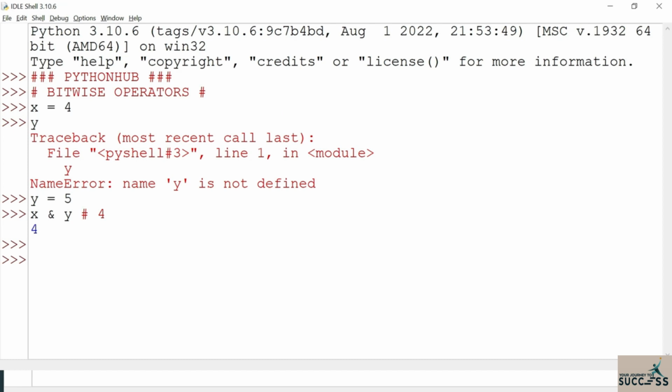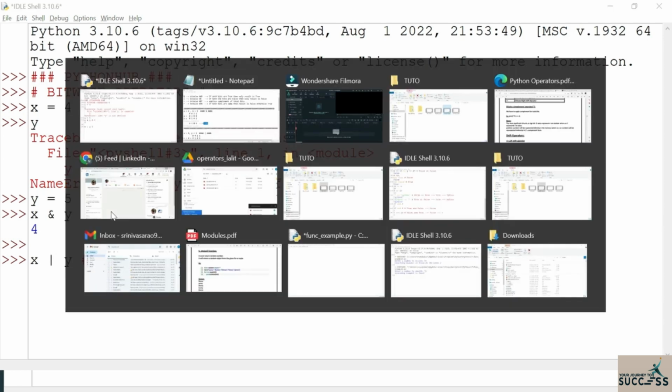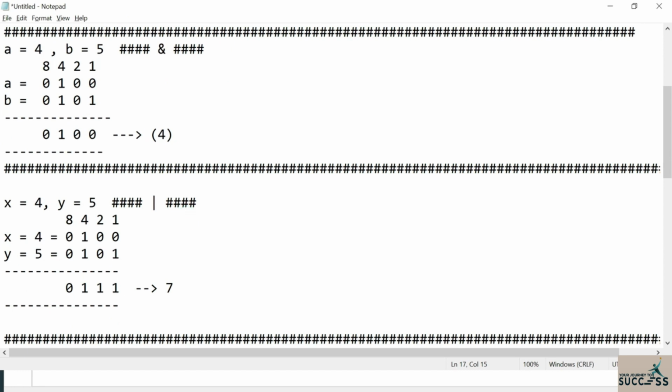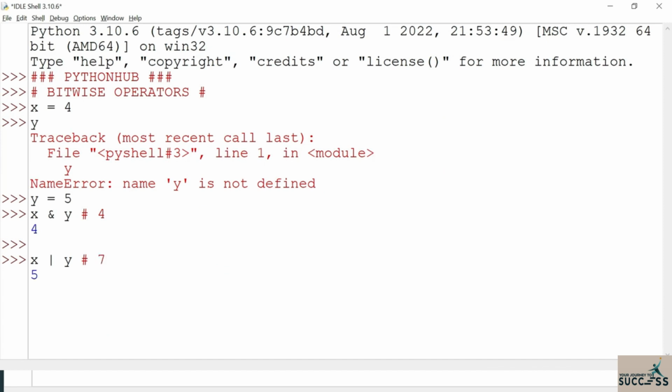Let us see by applying the bitwise OR operator between these two. When we calculated manually for the bitwise OR operator, we got 7. So let us see whether we are getting 7 or not.